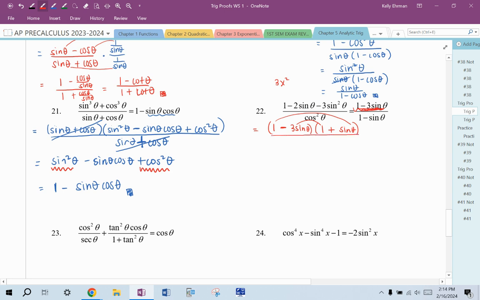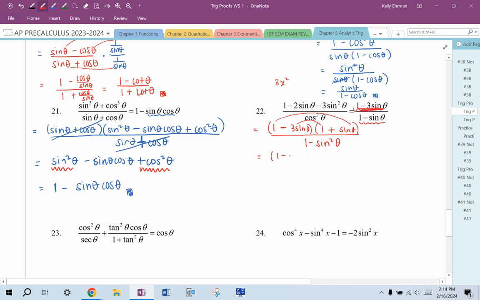Now it's over cosine squared, but take a look at the denominator here. This has 1 minus sine. So maybe that's a good hint to say cosine squared should be rewritten as 1 minus sine squared. How does that help me? Because if I didn't make that substitution, I wouldn't have anywhere to go. Well, 1 minus sine squared, looking at the 1 plus sine that I have up here, we don't always factor this, but this is a difference of squares.